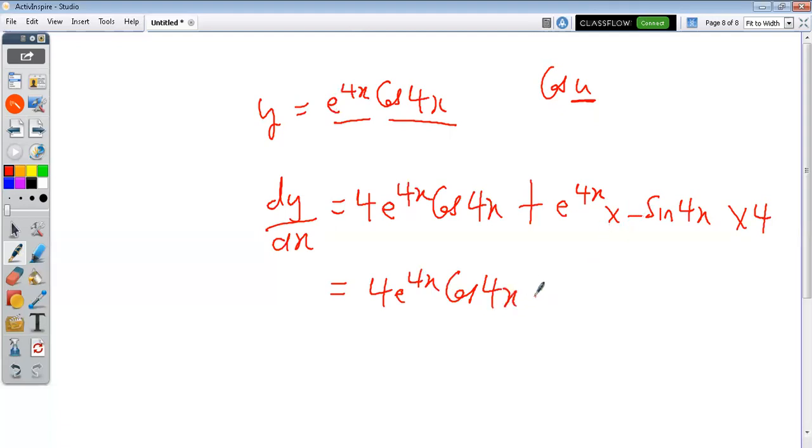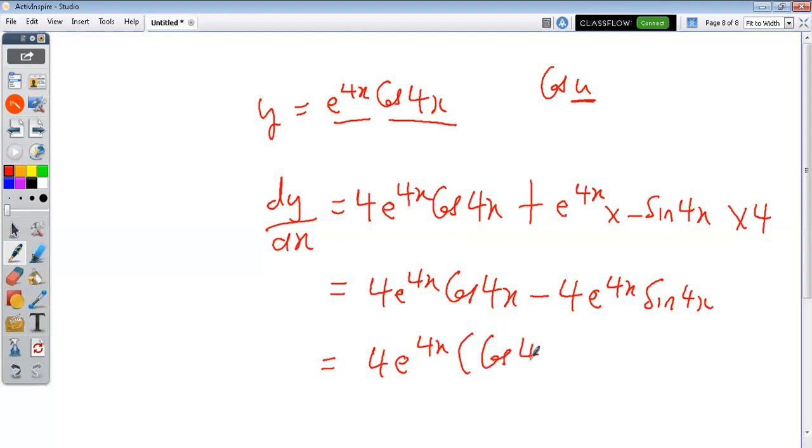We have got a negative there, so minus 4 e to the power of 4x sine 4x. If you want, you can factor out 4 e to the power of 4x just to simplify things: cos 4x minus sine 4x.